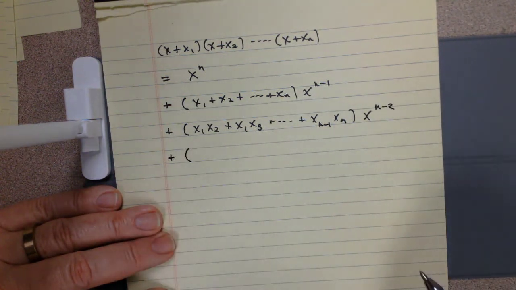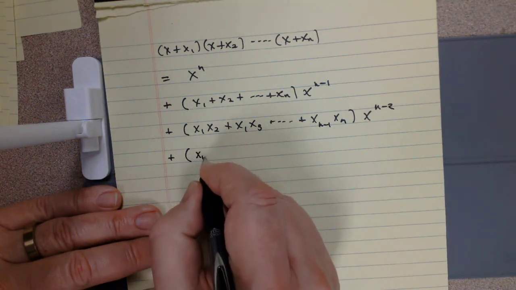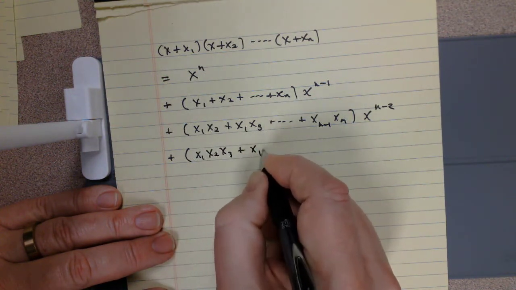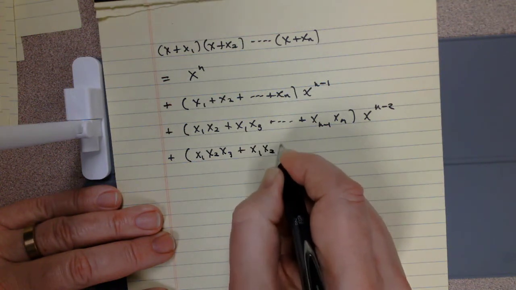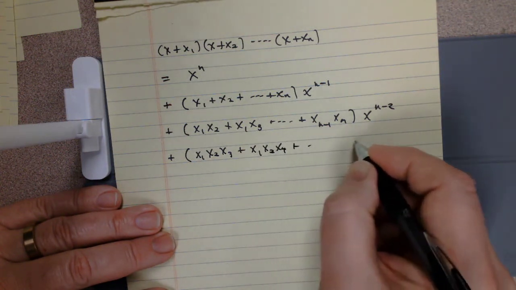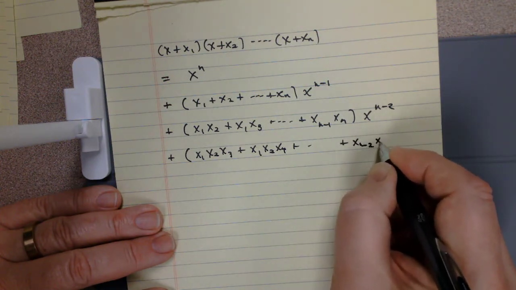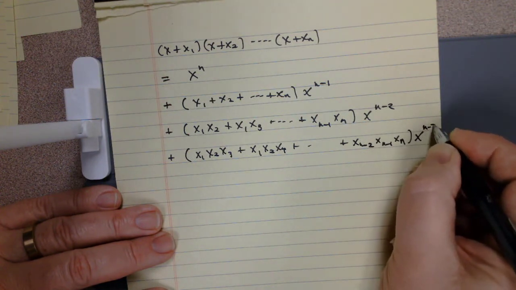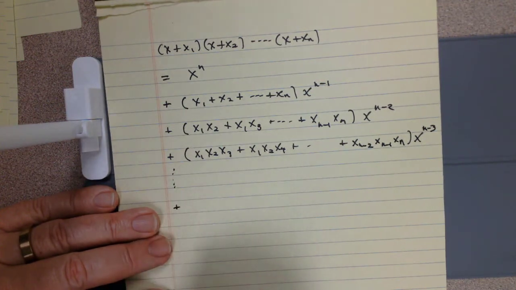The next time we go all the possible ways we can multiply them in triples. This will be x1 x2 x3 plus x1 x2 x4, and so on until we get to xn minus 2, xn minus 1, xn times x to the n minus 3, and continue in this way.